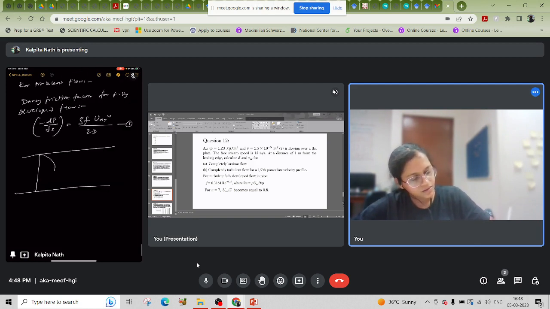This is the fully developed flow velocity profile, and shear stress will be, okay.